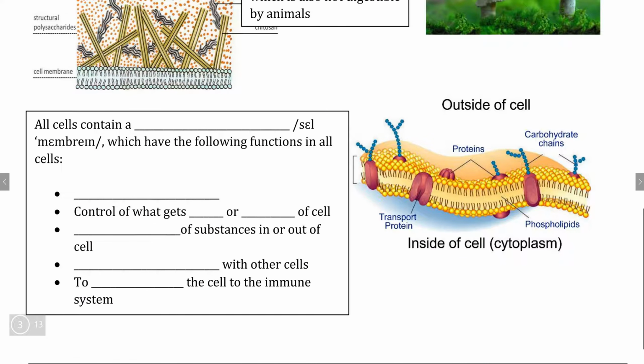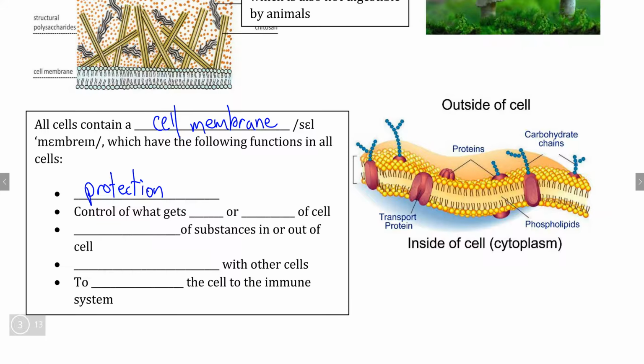Now, even though animal cells do not have cell walls, animals, plants, fungi, as well as every other cell that exists, definitely need a cell membrane, because the cell membrane is the primary layer of protection for every single cell, whether it be a prokaryotic bacterium or a eukaryotic animal cell, such as our human cells.